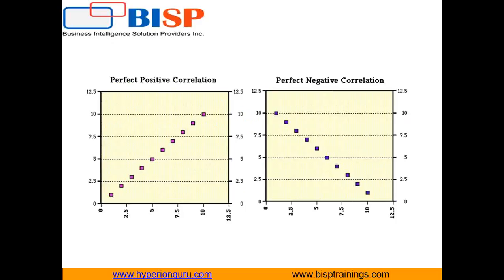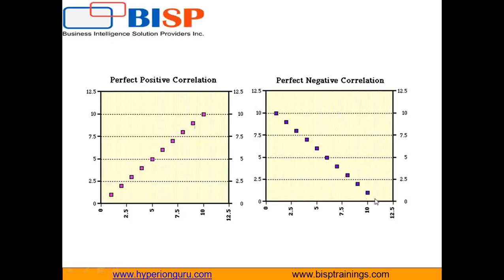So this is the correlation diagram for the scatter plots. If the data points make a straight line going from the origin out to high values of x, increasing in x and increasing in y, then the variables are said to have a positive correlation.